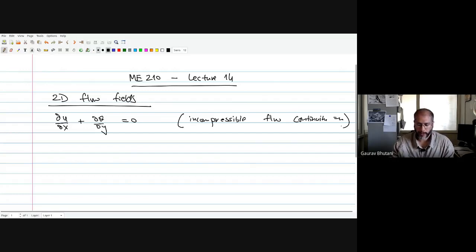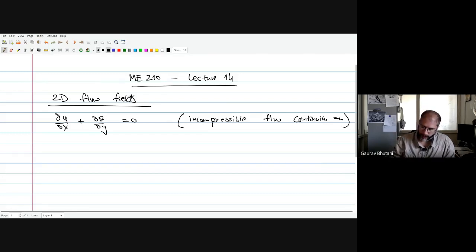So we have two unknowns here, u and v, and this equation has to be identically satisfied. Now we also have the Navier-Stokes equation, which, since we're talking about 2D, has two equations hidden in it. It's a vector equation. So we have an equation for u and an equation for v. And it also brings in another unknown, which is pressure. So we have three equations, three unknowns. It's a well-posed system, so we can solve it.